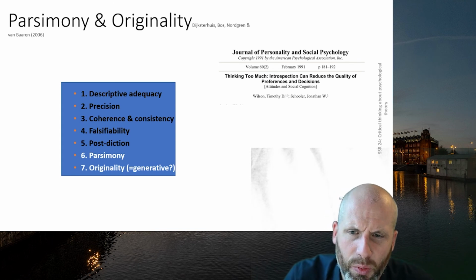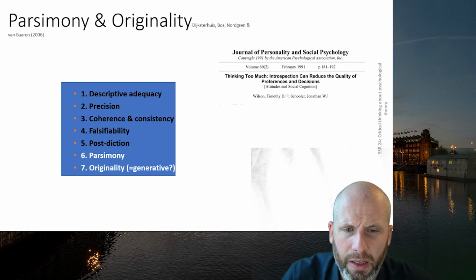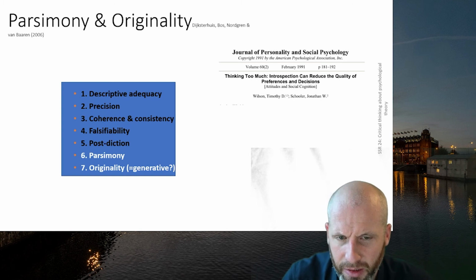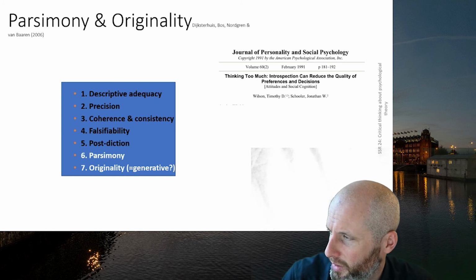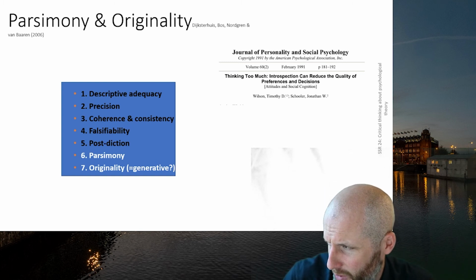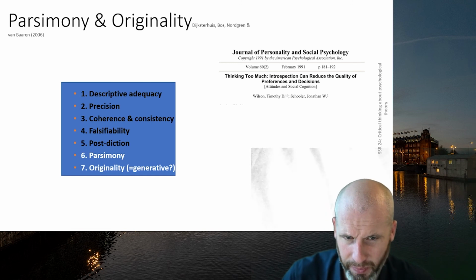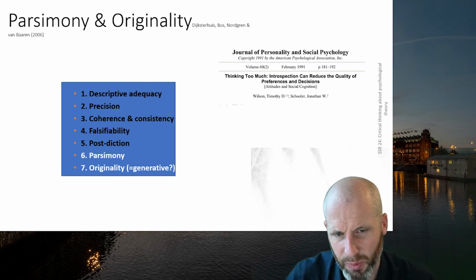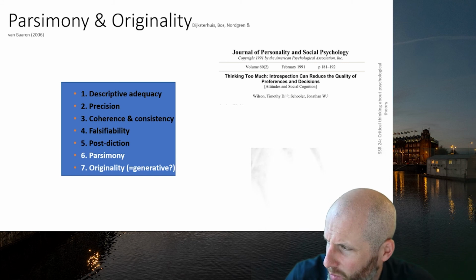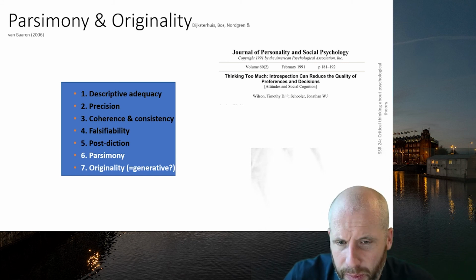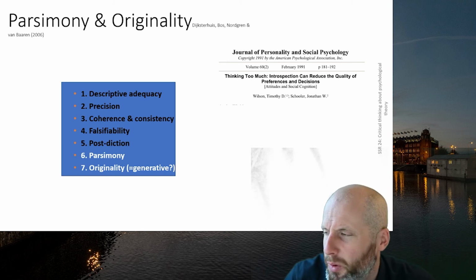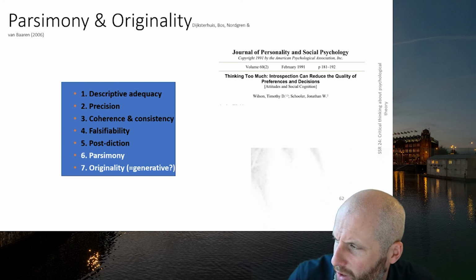So we should also always look at precision as well. Is one theory more precise than the other? And often if a researcher provides a formal model, it's easier to ascertain which model is more precise and what the precise relationship is that's predicted by the model.